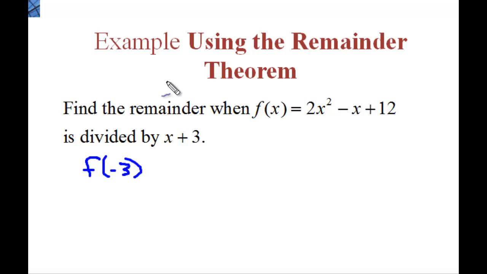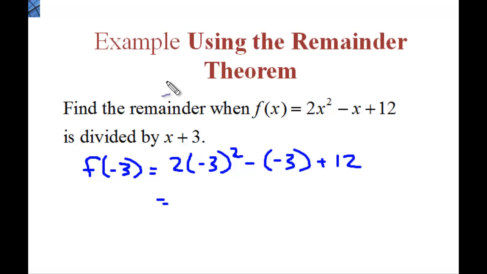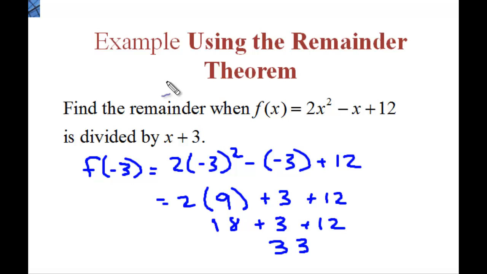F of negative 3 is 2 times negative 3 squared minus negative 3 plus 12, which is 2 times 9 plus 3 plus 12, which is 33. So if we divide this out, we will come up with a remainder of 33.